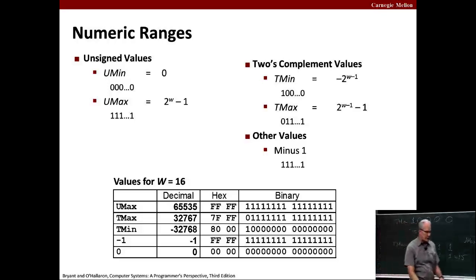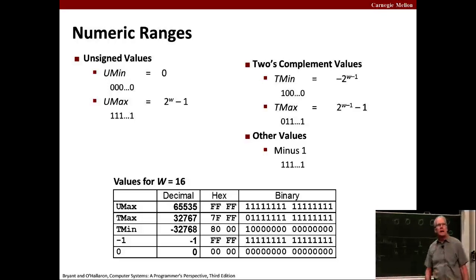So there's a few things to observe about these numbers. Remember, this is a 5-bit word size, right? So you'll see that 31 is pretty close to 32, right? In fact, it's 2 to the 5th minus 1. And in general, for a W-bit number, it will have value 2 to the W minus 1.